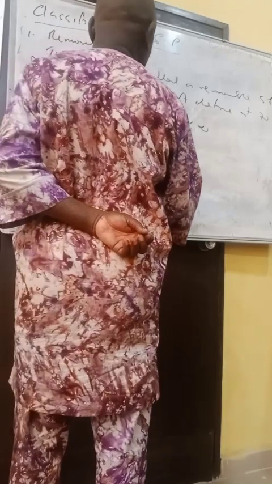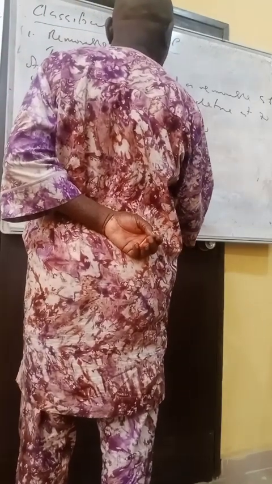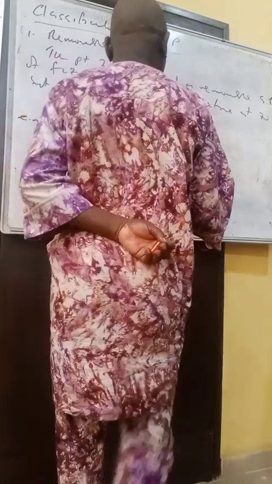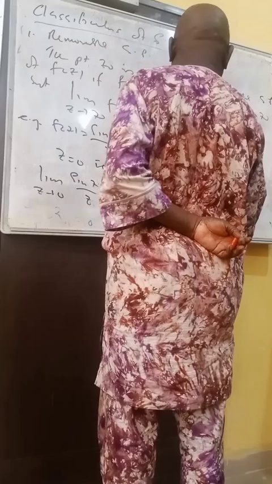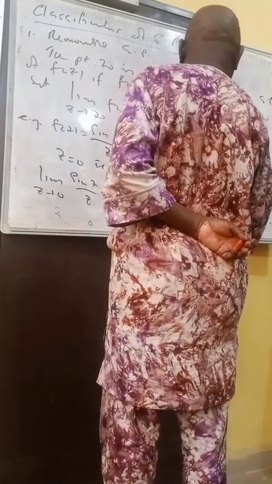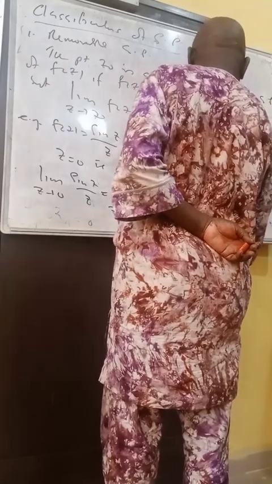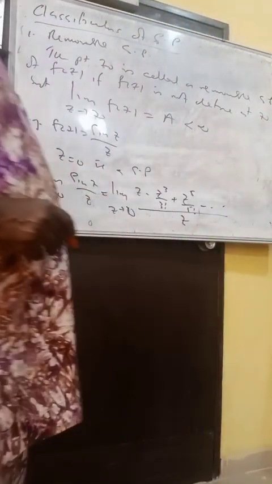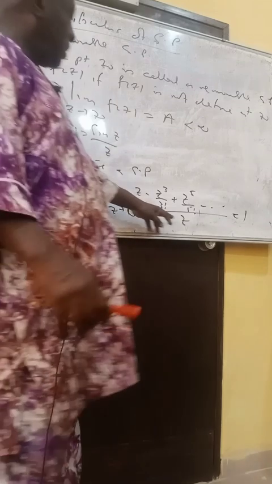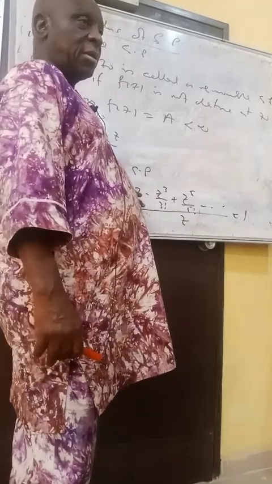Sine z is z minus z cubed all over 3 factorial plus z to the 5 all over 5 factorial minus and so forth, everything all over z. Is that okay? And you see that this one is going to give us what? 1.